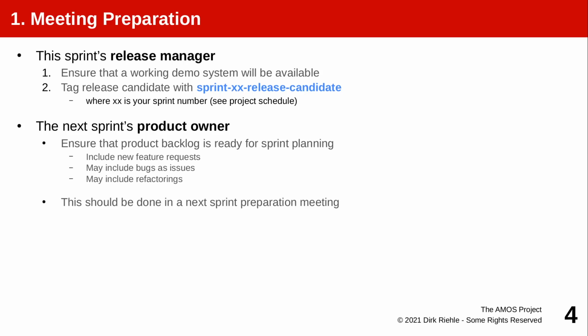And now that they have identified which version of the software is demoable, can be used for show and tell in a review session, they tag it as a release candidate using the format you see here on the screen. So the release manager cuts the release candidate before the team meeting, and tags it, and that's exactly the software version you use to demo in the team meeting.